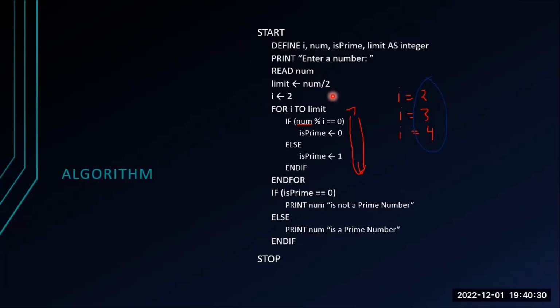And if the remainder is 0, then its prime will have the value of 0, which means that it is not a prime number. And otherwise, it would be assigned a value of 1. So then after that part, you have to print out whether it is prime or not by checking the remainder.